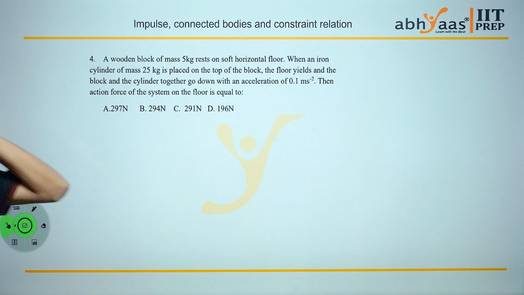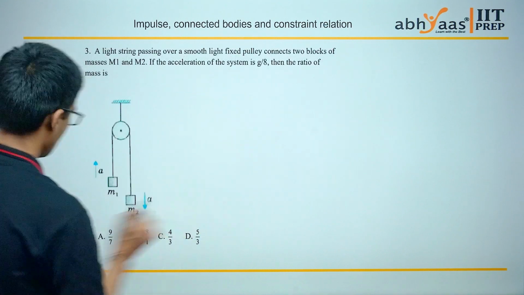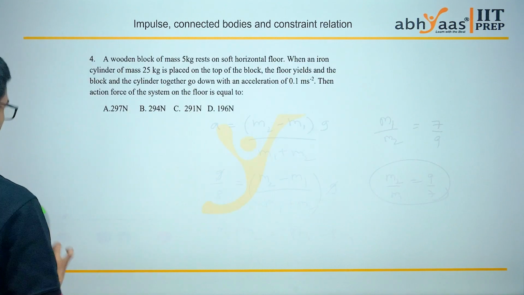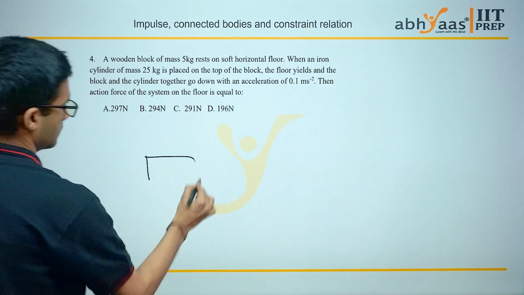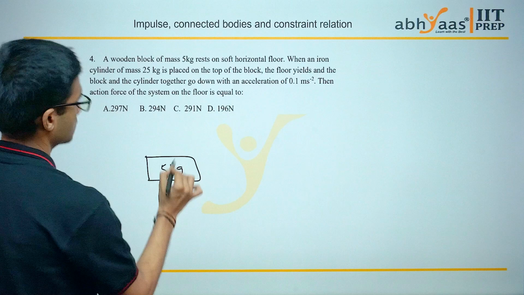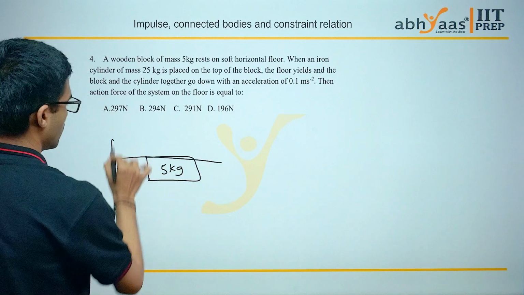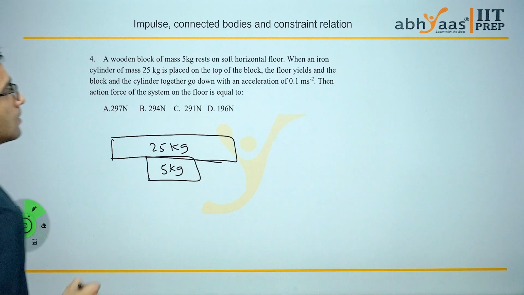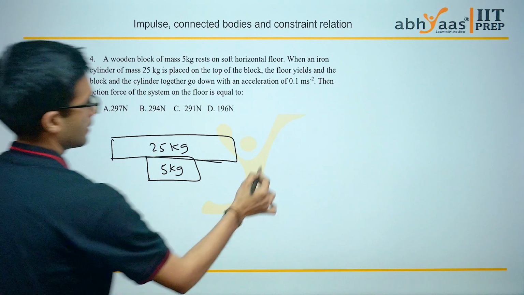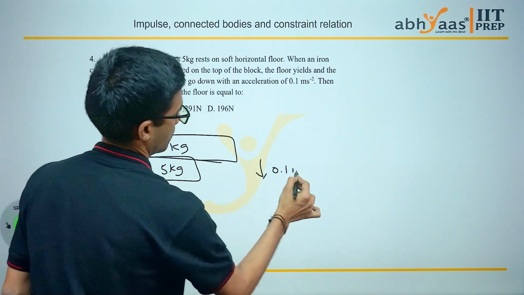Okay, next one. A wooden block of mass 5 kg rests on the soft horizontal floor. So there is a floor like this. So on that 5 kg mass is there. So above we have 25 kg mass. So what is this? Cylinder. So here it is going at 0.1 meter per second.